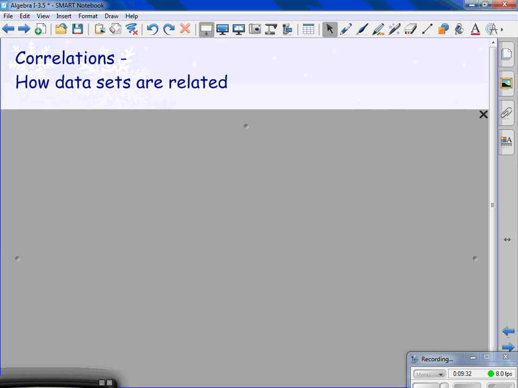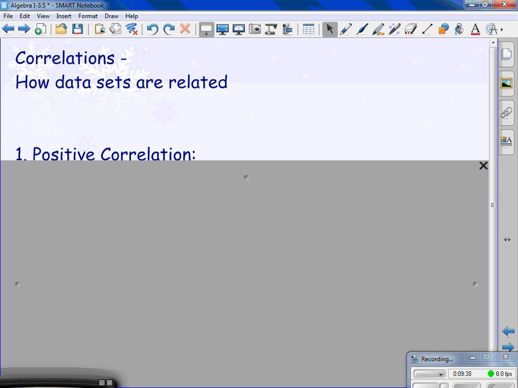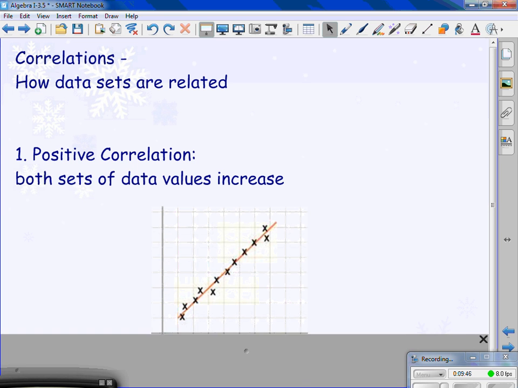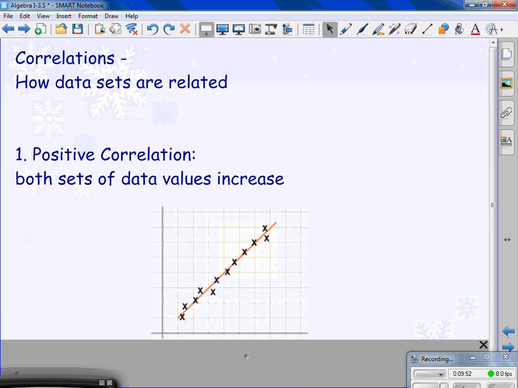Correlations is just how the data sets are related. If it has a positive correlation, what do you think you can tell me about the dots? The dots are going up. They're increasing. There's a positive correlation. I just put X's on there.